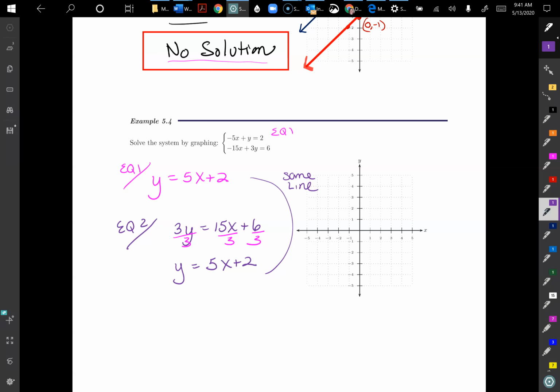So when we go to graph that, it's pretty nice, right? We can just quickly plot the points. We have a y-intercept of 2. We have a slope of 5. So 1, 2, 3, 4, 5 over 1. We got to kind of judge there. And then the exact opposite, I can go down 5. 1, 2, 3, 4, 5 over 1.